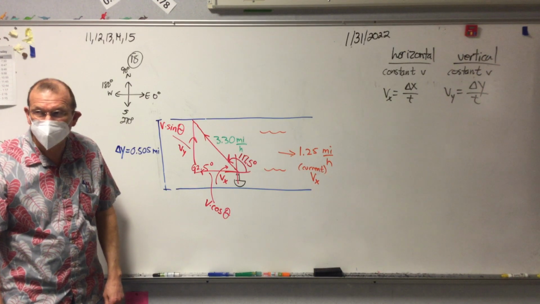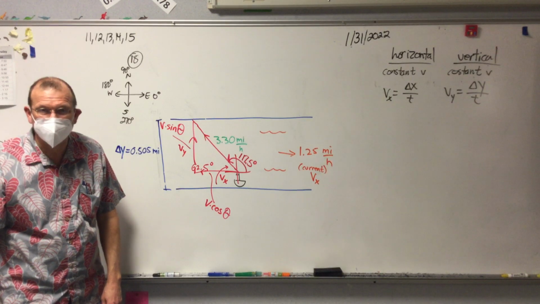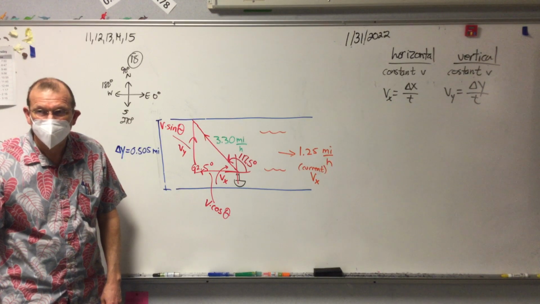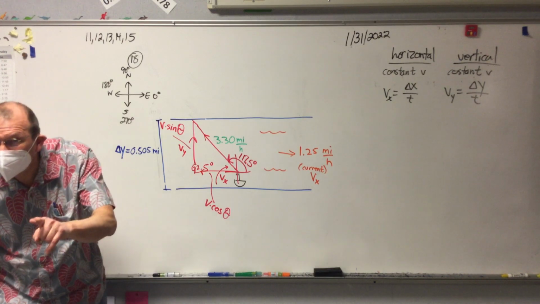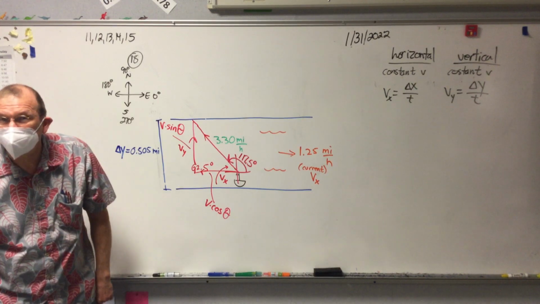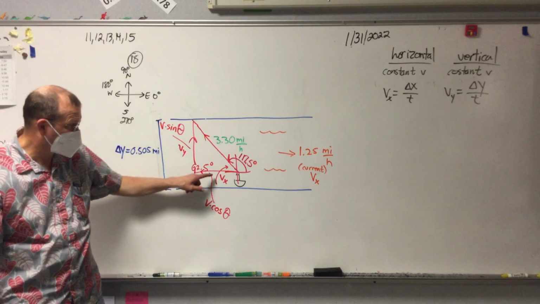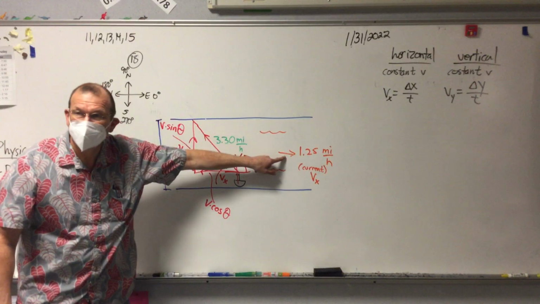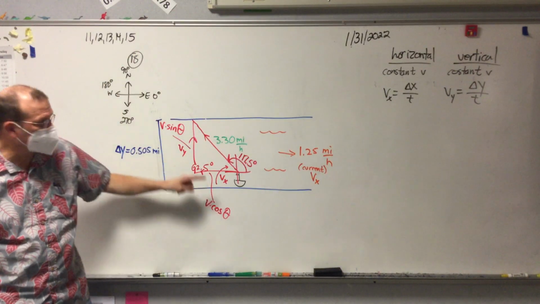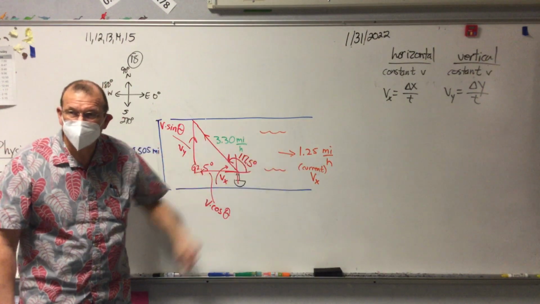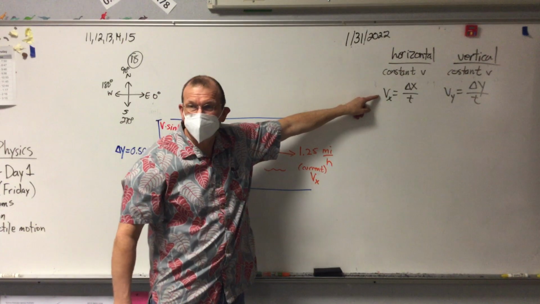What's going to happen horizontally in this problem that we have to do that we didn't have to do in the last problem? Combine the two vectors. Which two? The red one and the orange one. Because they're both acting in the horizontal dimension. And once you combine these two, then you have Vx.